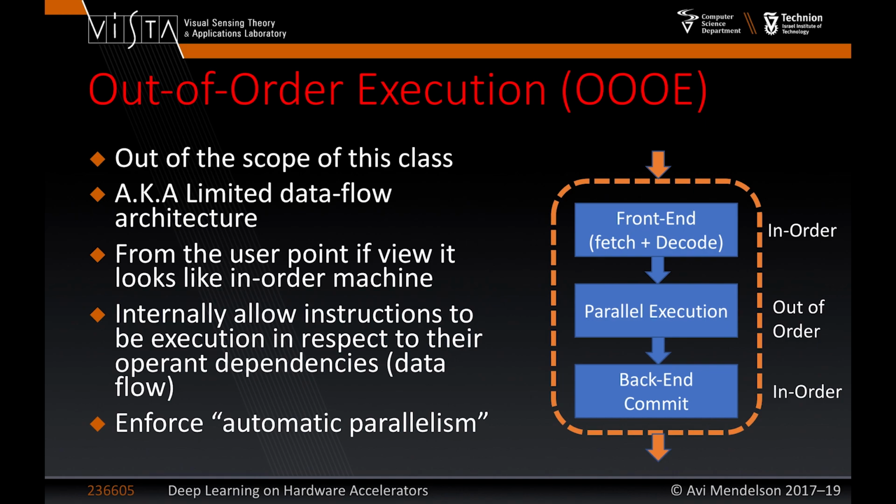Yeah. In this scheme, the front end is shared between several processes, and the parallel execution is parallelizing only the execution of those processes? The answer is yes, but we are not going into details. In the front, you just mark like with colors. You say these are the blue, green, red, etc. So each time that you fetch something, you mark it, and when you go to the commit, you distribute them to the right places.